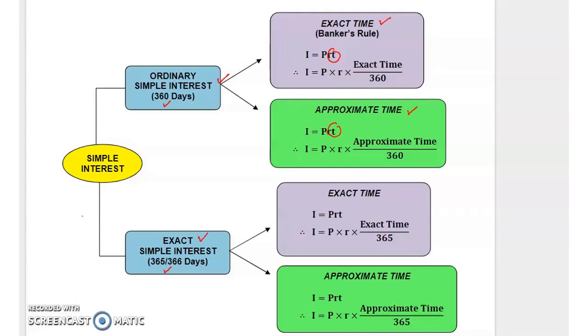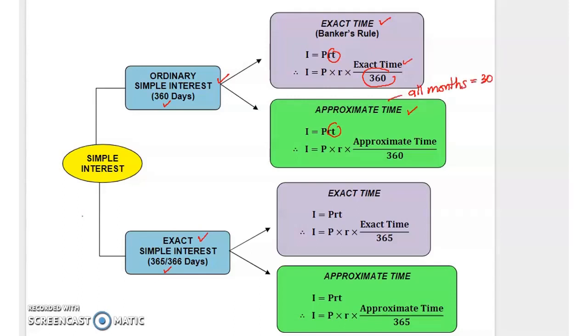So recall what is exact time. If that particular month has 30 days, then you use 30 days. If that particular month has 31 days, then you use 31 days. That is what is meant by exact time. Then if we use approximate time, all months equal 30 days.